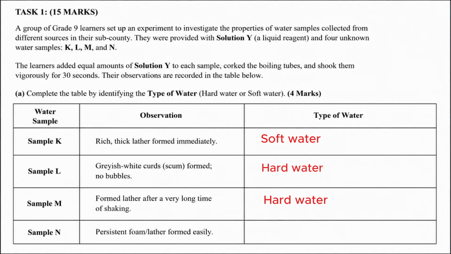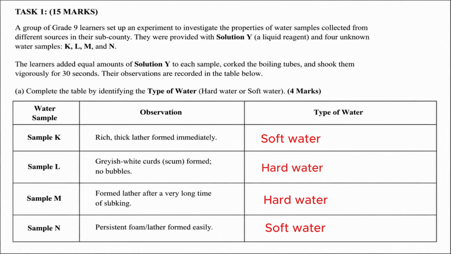And then sample N, persistent foam or lather formed easily. Soft water, you see. So one of the things that you should remember when it comes to hard water and soft water is that soft water lathers soon and hard water is hard to lather, you see. So those will help you to answer any questions related with hard and soft water.